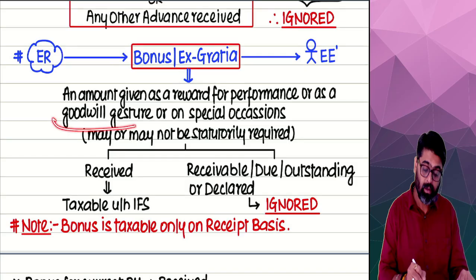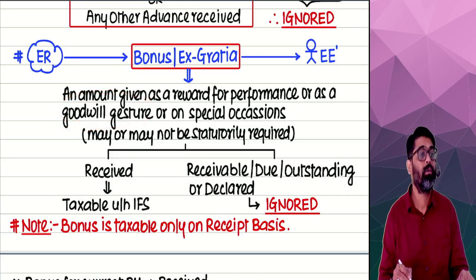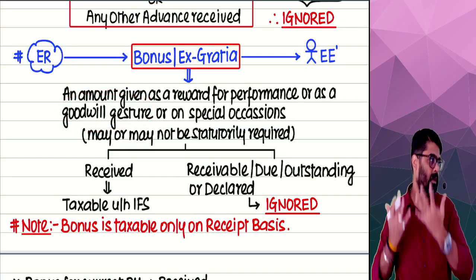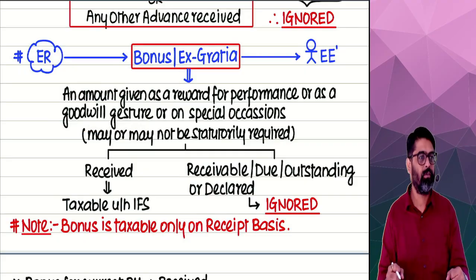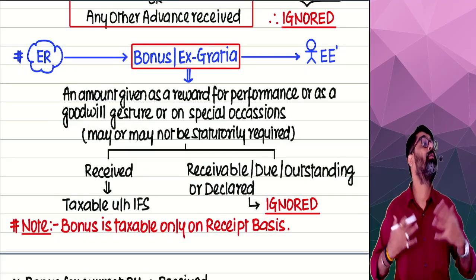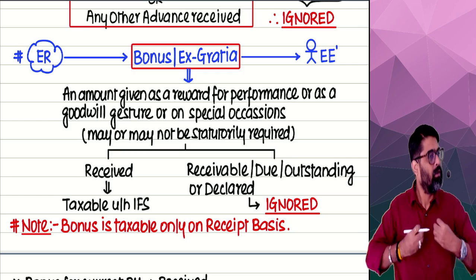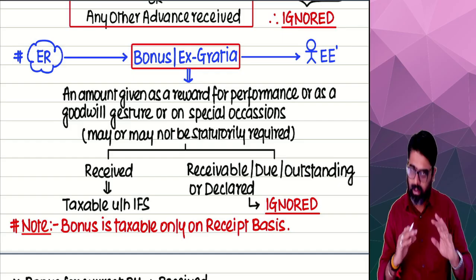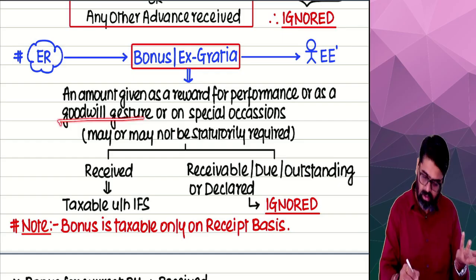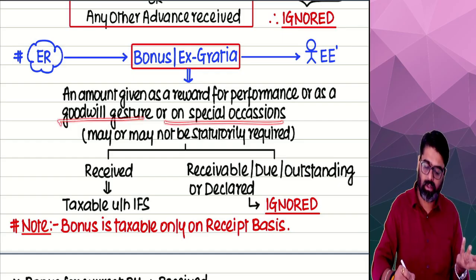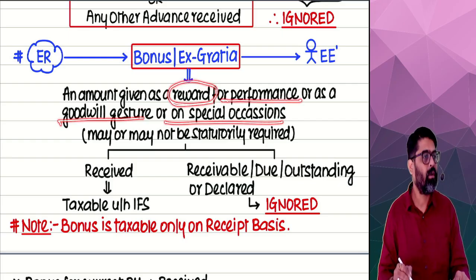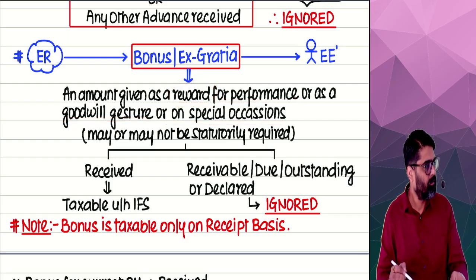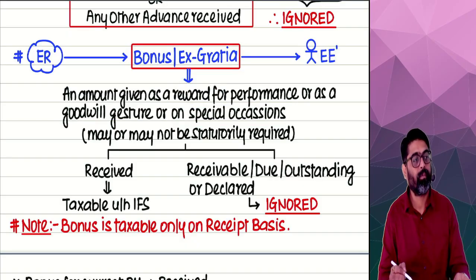Goodwill gesture means employer is earning huge profits, so out of those profits, the employer will give you bonus. So an amount which is given as a goodwill gesture, on special occasion, as a reward for performance is nothing but bonus.